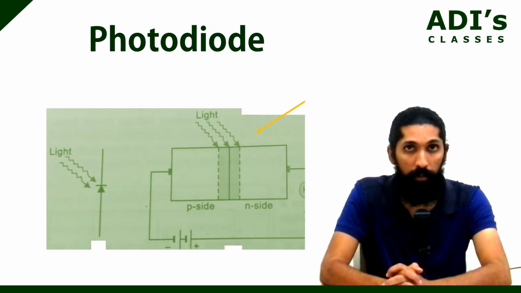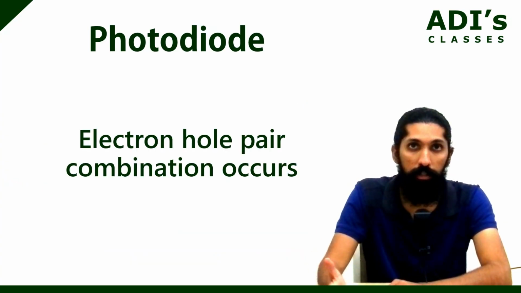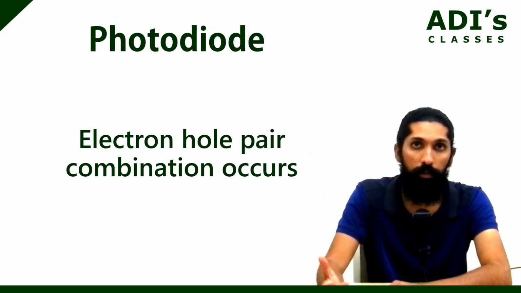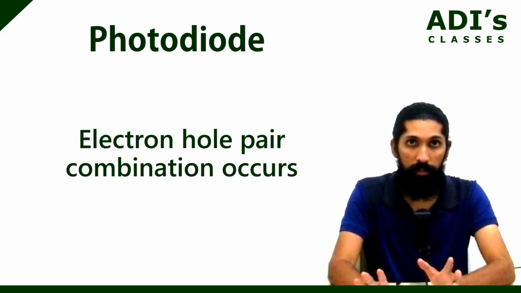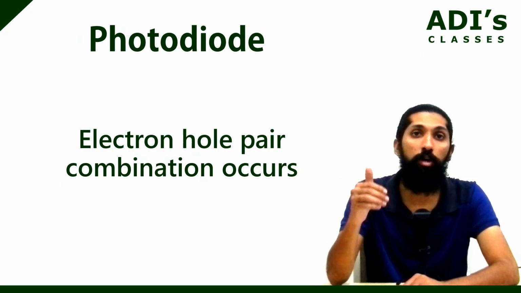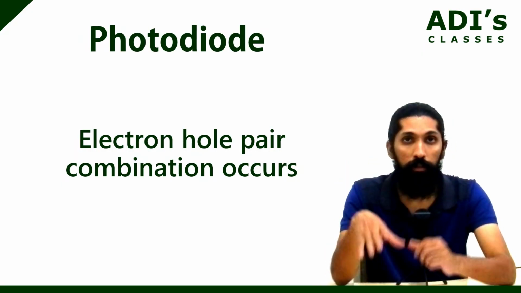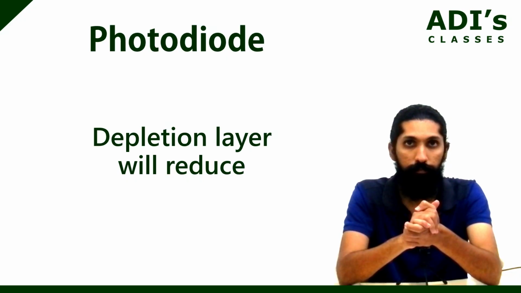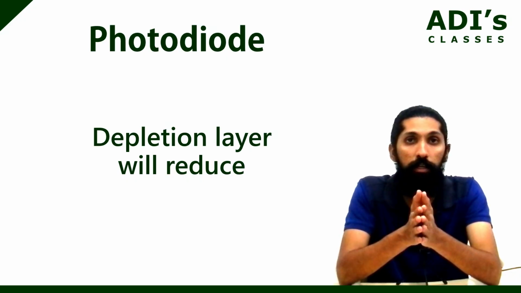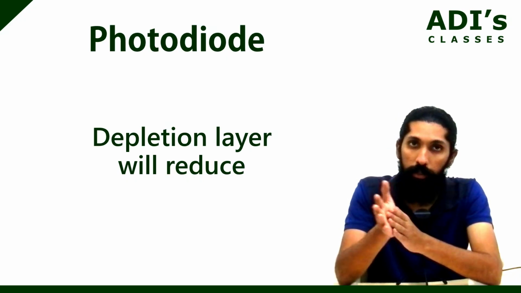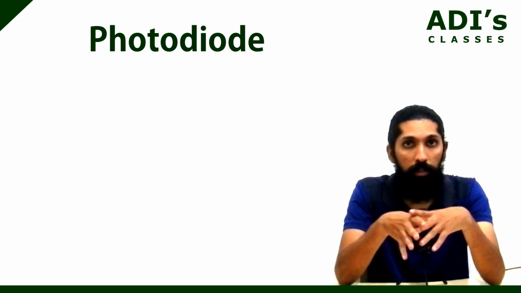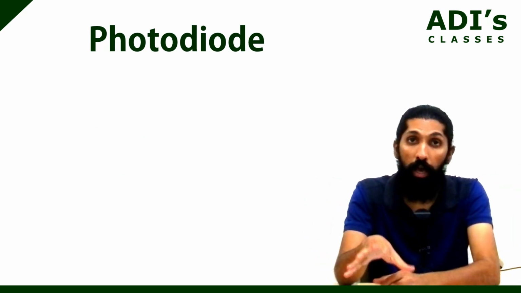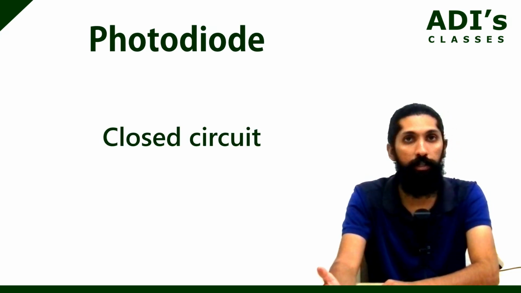They are the majority charge carriers, and the majority charge carriers are going to flow in the circuit. Clear? That means when light falls on the PN junction, the depletion layer is going to reduce. As that reduces, the majority charge carriers will start to move around. Hence, the circuit becomes a closed circuit.